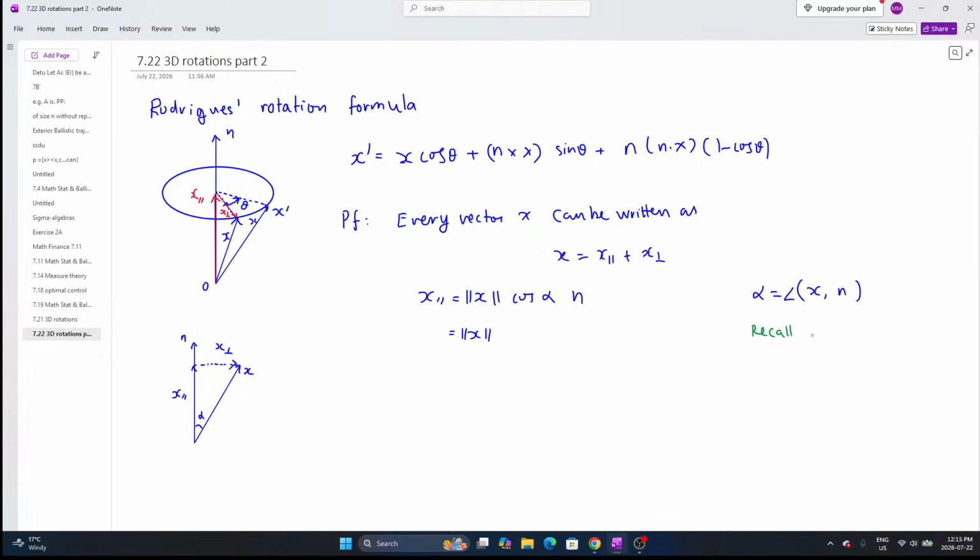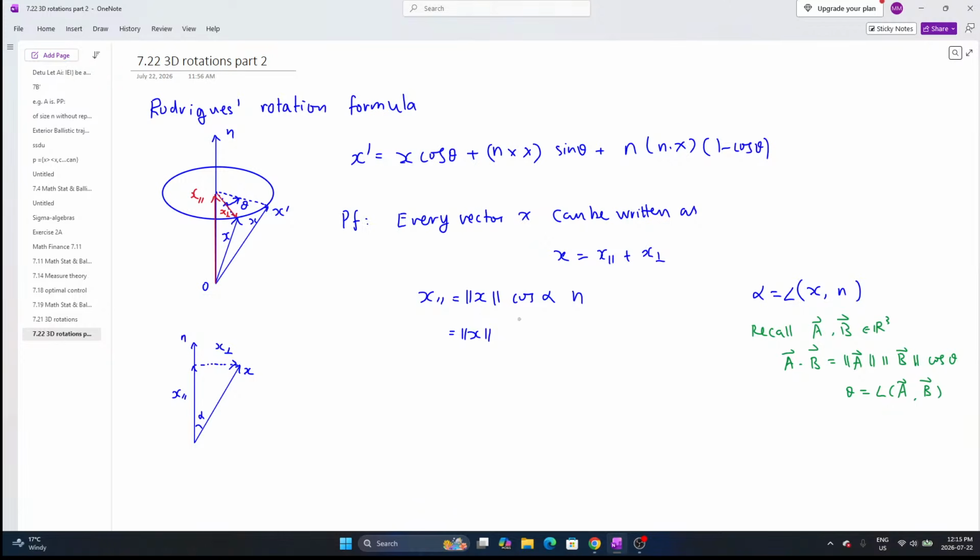If you have two vectors, big A and big B, in R3, in fact, it can be Rn. The dot product of A and B is defined as the length of A times the length of B times cosine of theta, where theta is the angle between vector A and vector B.